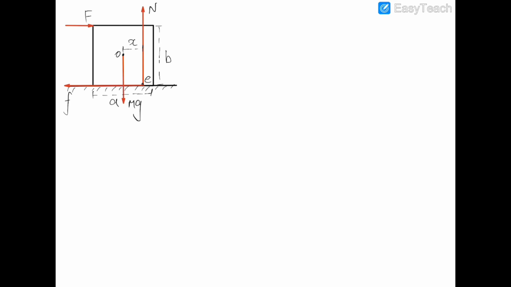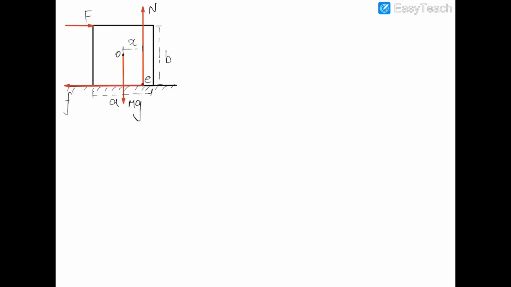Now first of all, we know that if the normal reaction is shifted by only a distance of x, while it has a margin to shift by a distance of a by 2, but it is not shifting by a by 2.